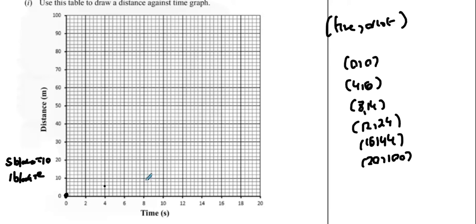Then 12, 24. So 24 would be 22, 24, 2 small boxes above the 20 line. 16, 44. So 2 small boxes above the 40 mark, and then finally 20 and 100 right there at the top.